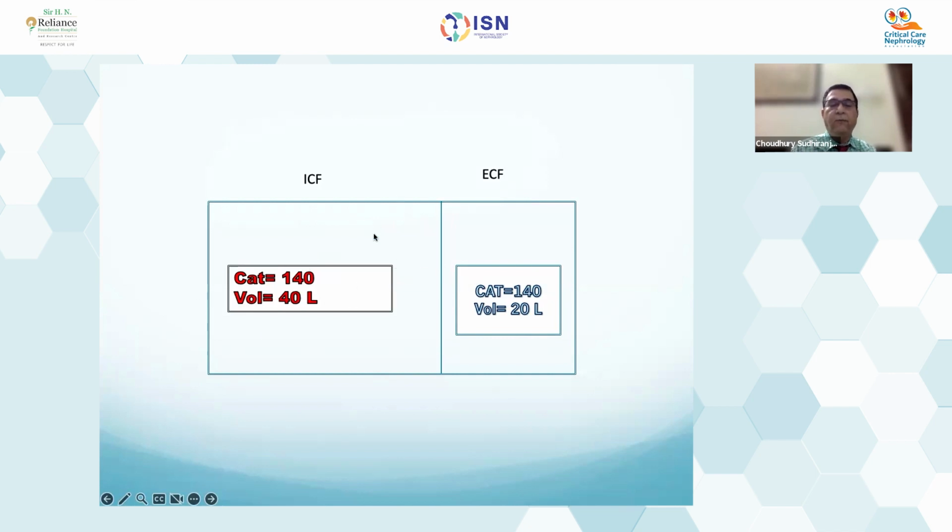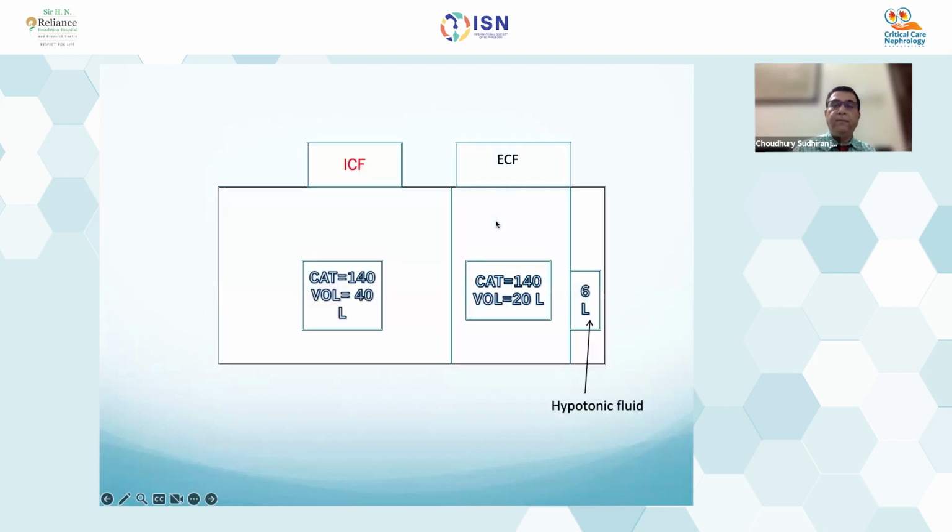In the volume of total body water, the extracellular fluid will be 1/3 and 2/3 will be the intracellular fluid. So roughly, if we say it is 60 liters, just as an example, then 40 liters will be in the intracellular fluid and 20 liters in the extracellular fluid.